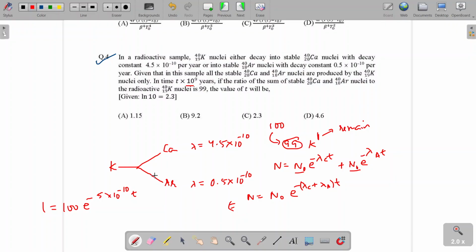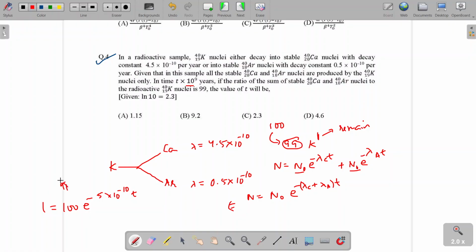So even though the decay is distributed into two different nuclei, the thing being decayed does not care how much or into which species it is decaying. It cares what the disintegration constant is. So I'll just add up the disintegration constants of both the nuclei. I'll get the final result.